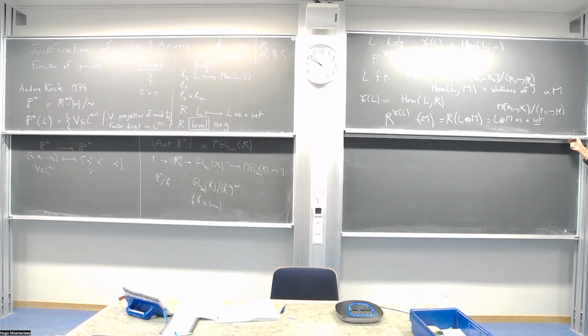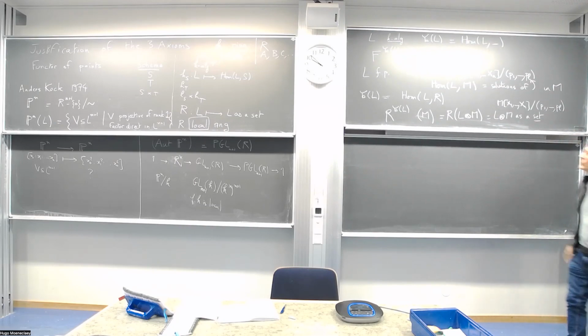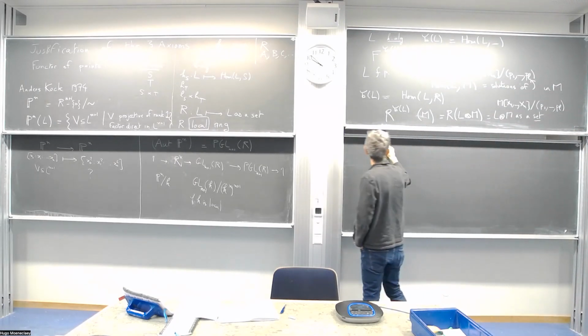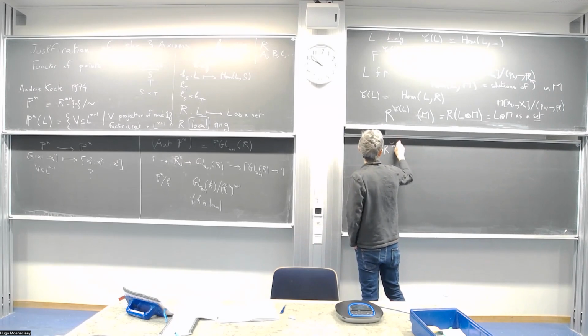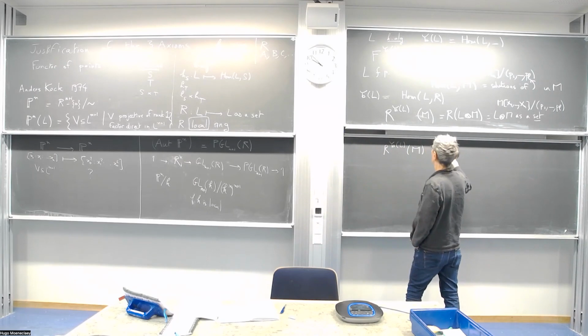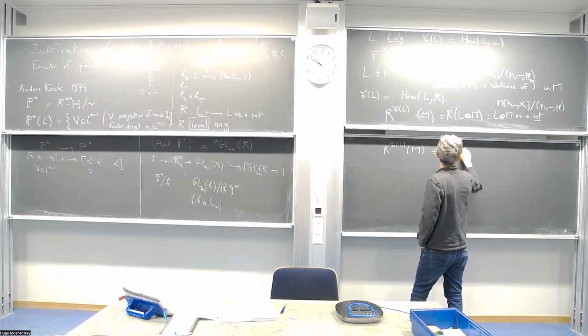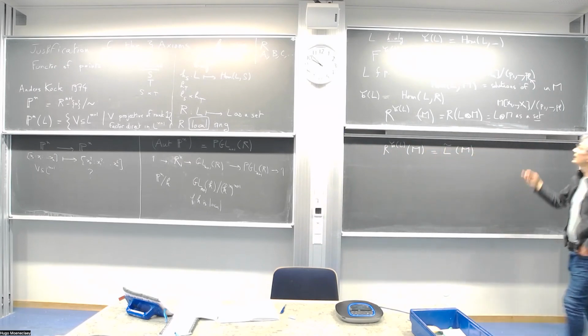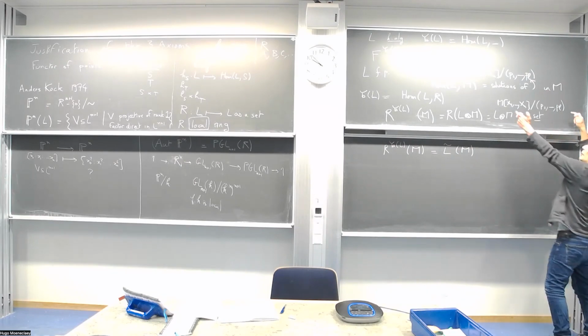Then you can check that the duality principle holds, that is, R of L of M is the same as L tilde of M, where L tilde is this functor.